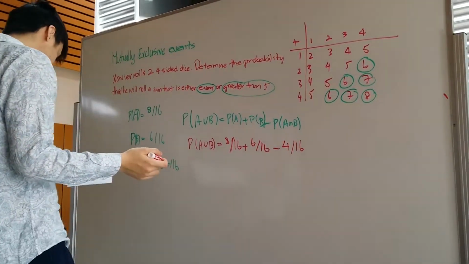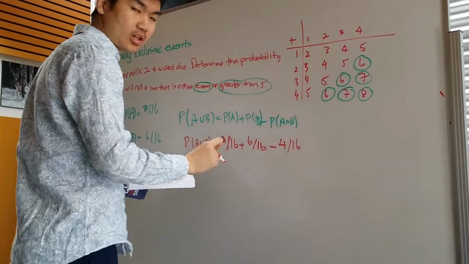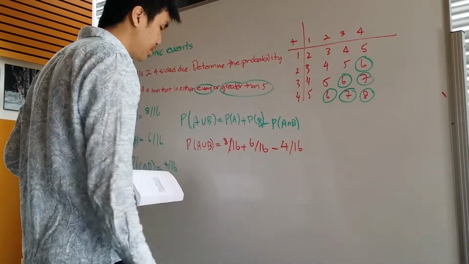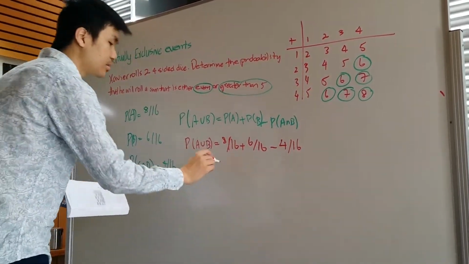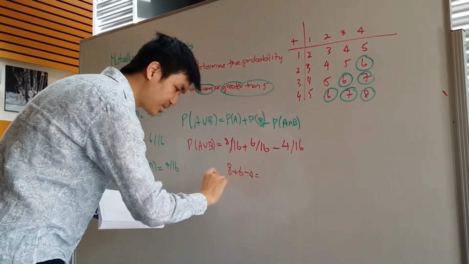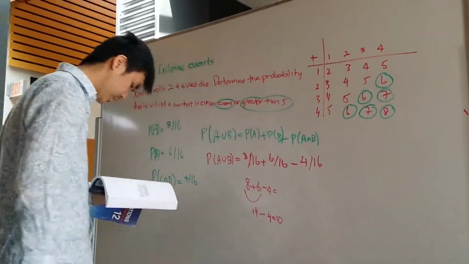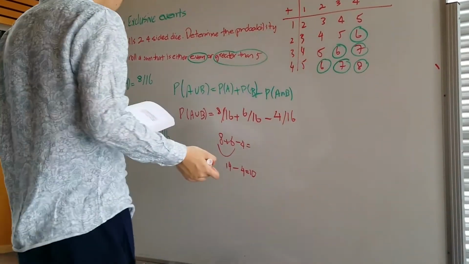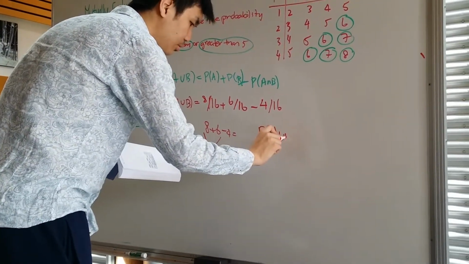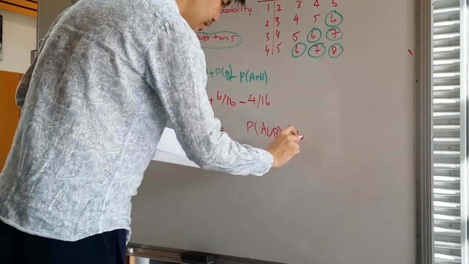Since all the denominators are the same, we add and subtract the top numbers. 8 plus 6 minus 4: 8 plus 6 equals 14, and 14 minus 4 equals 10. So the probability of A or B is 10 over 16.